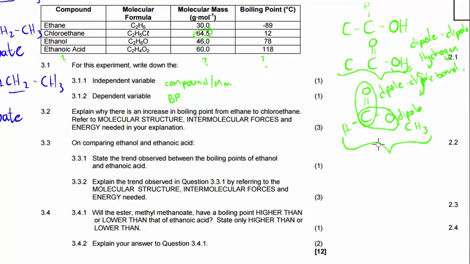Dipole is oxygen pulling on carbon. Carbon pulls roughly the same as oxygen, while oxygen pulls very hard on hydrogen, making it very negative. So which one is better? The top one. This one will have a higher boiling point.